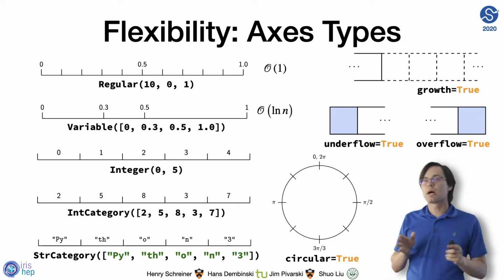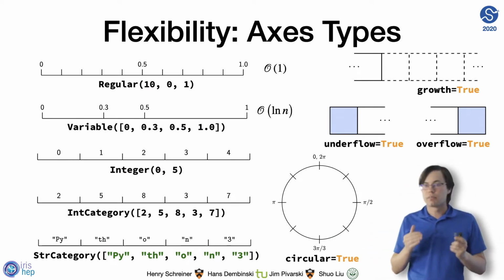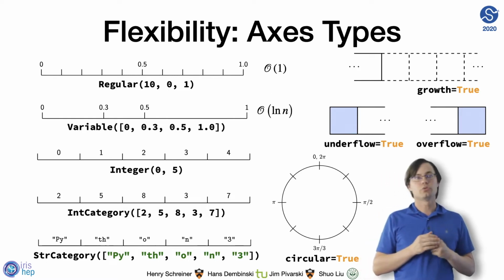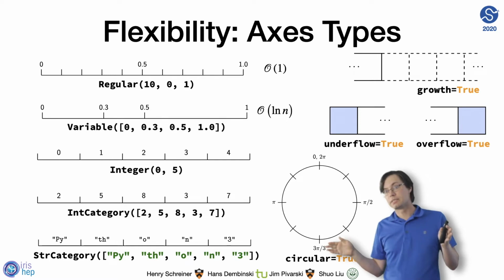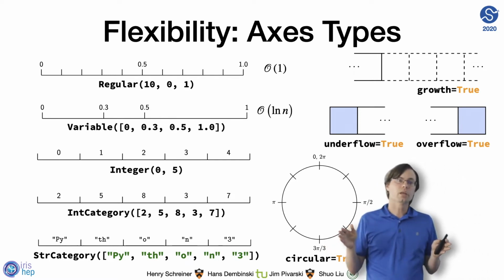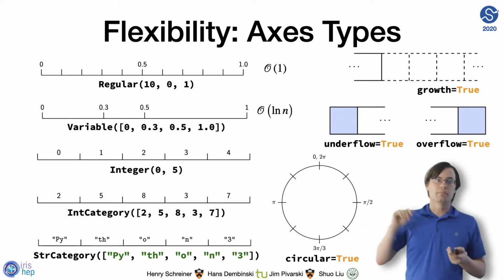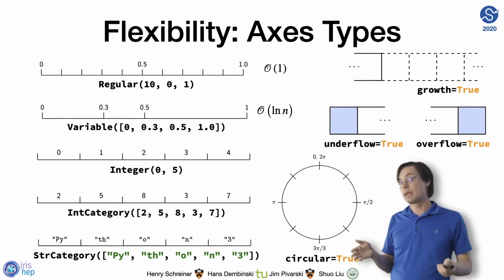Okay, so there's a variety of different axis types. This is a very flexible library because there's a variety of different axes types that you can use. For example, you have the regular axis, that's evenly spaced bins. That's actually a much faster lookup. You have a variable axis. You've got integer. You can do categories.